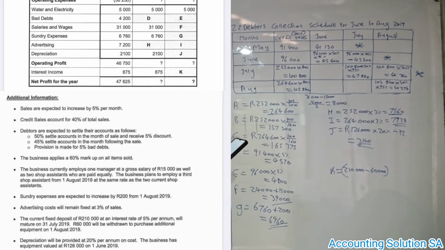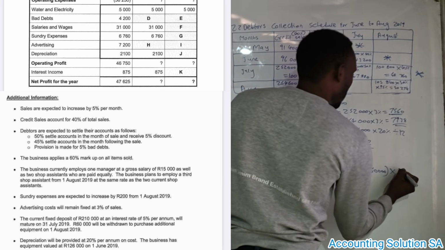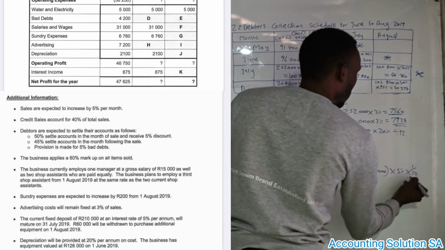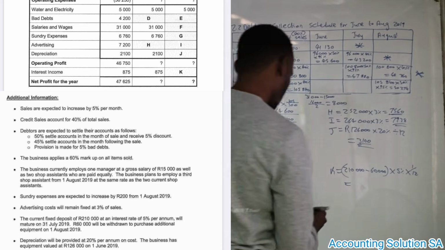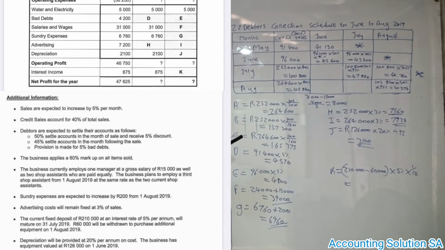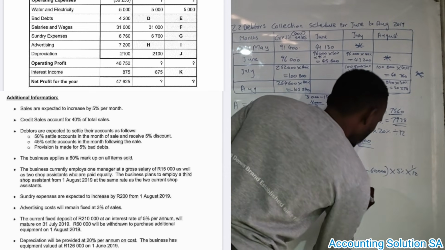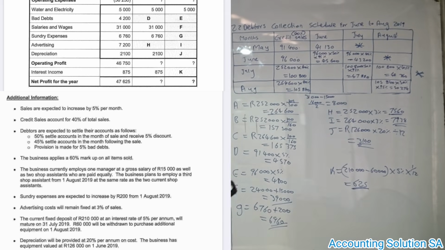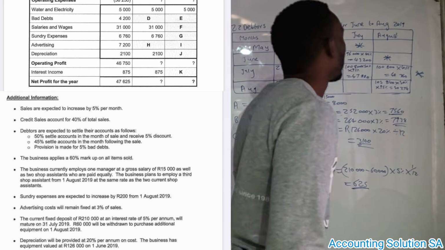Then after that you multiply by 5% and you multiply by 1/12 because you are looking for 1 month, and you must get the amount of 625. Simple as that. That's how a projected income statement looks like.